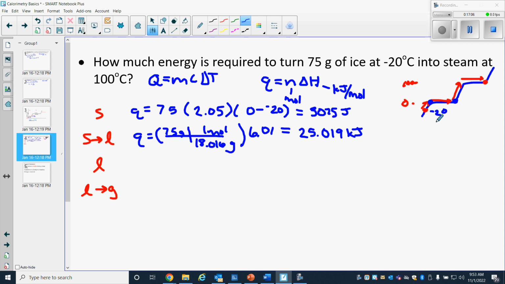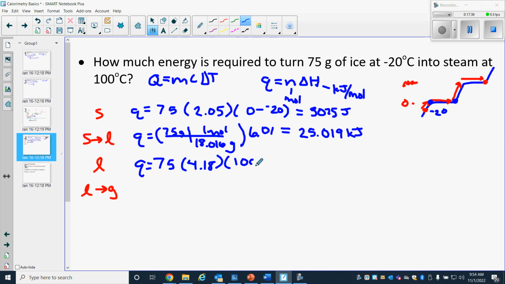So once everything is a liquid, the temperature of that liquid is going to heat up to the boiling point, to 100. So since the temperature is changing, we go back to Q equals MC delta T. So our mass is 75 grams. The specific heat for liquid water is 4.18 joules per gram degree Celsius. And our change in temperature, the liquid is starting at 0 and going up to 100.